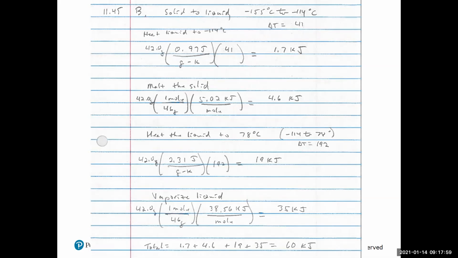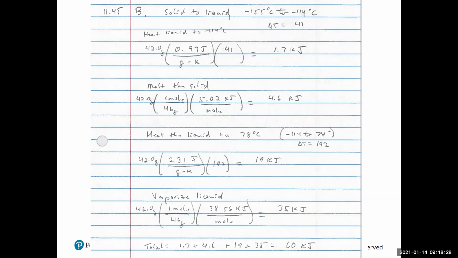So now finally we need to vaporize that liquid, a similar process of going from grams to moles, so that we can work with that constant and get a value of 35 kilojoules. So in this case, we had 4 different processes we need to do a heat calculation for, and then we'll add them up and get a total value of 60 kilojoules.